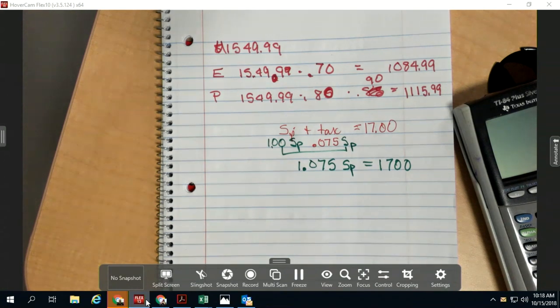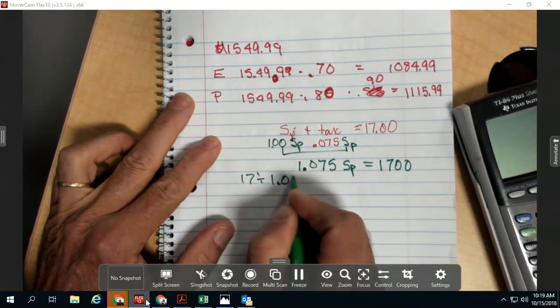How do you get the selling price all alone? Divide by 1.075. So what do you get for the first one? $15.81.